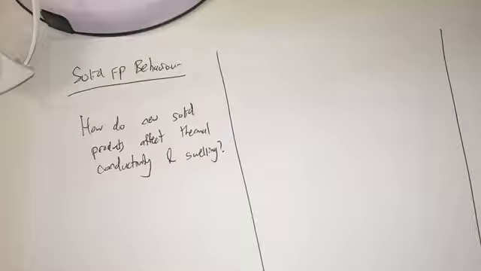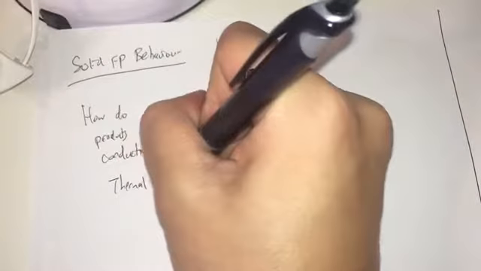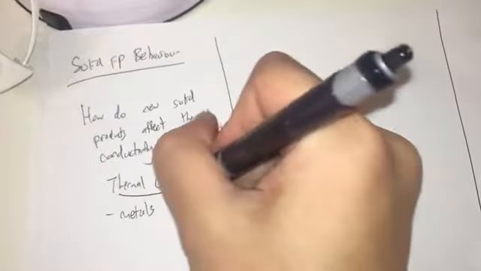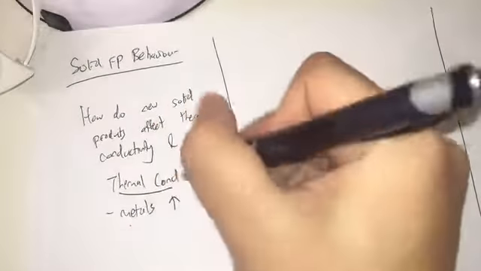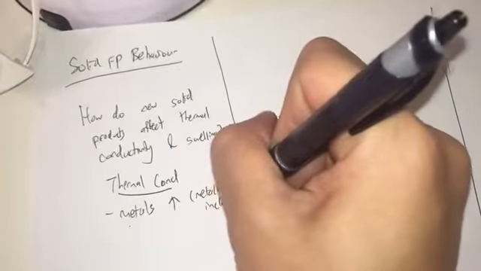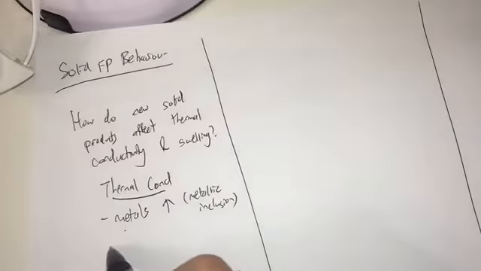Well, let's talk about thermal conductivity first. If you talk about metallic inclusions, like the noble metals, these will have a better thermal conductivity, so the metallic inclusions will increase the thermal conductivity.